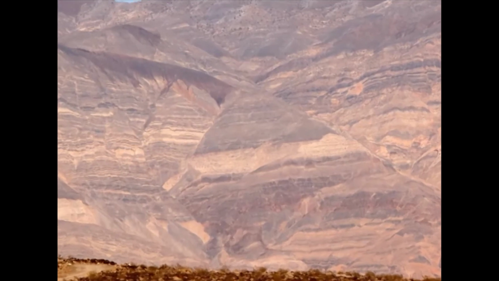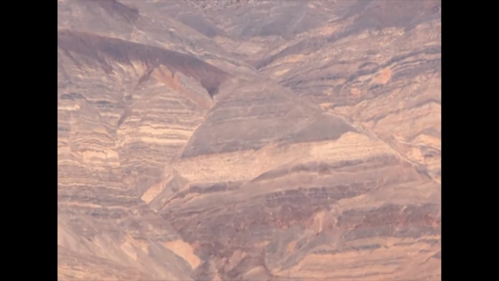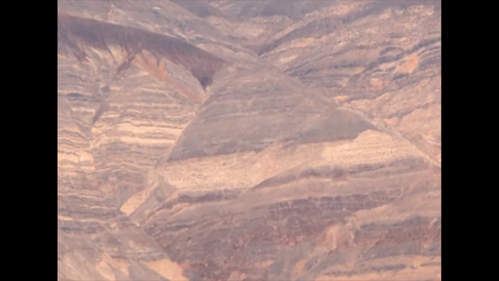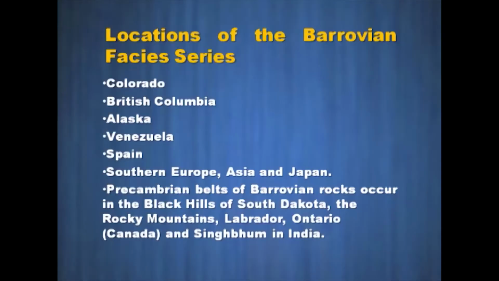Barrovian phases series. The Barrovian phases series occurs in a number of Paleozoic mountain belts as well as in some of Precambrian age. The classic region is the Scottish Highlands. Other belts with Barrovian rocks occur in Colorado, British Columbia, Alaska, Venezuela, Spain, southern Europe, Asia and Japan.